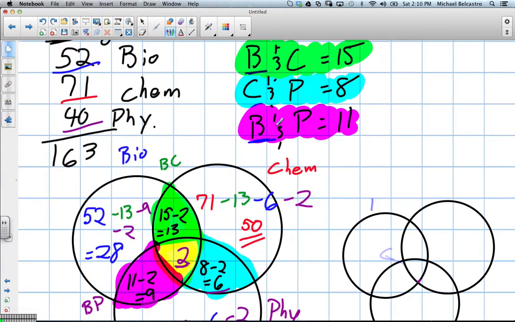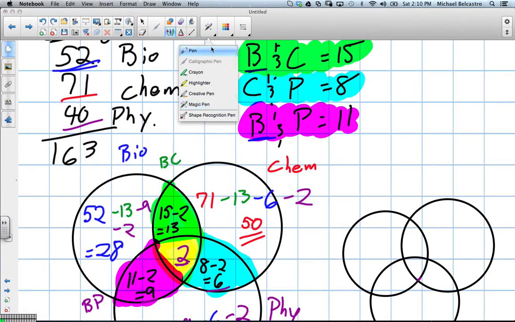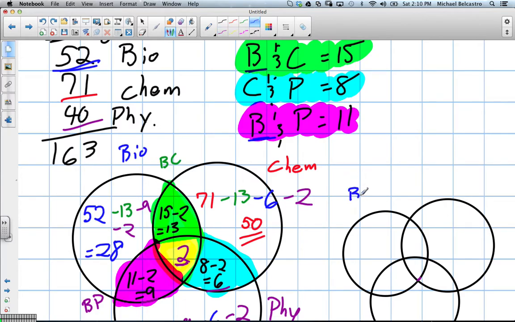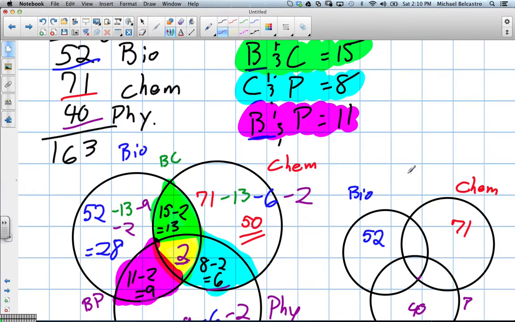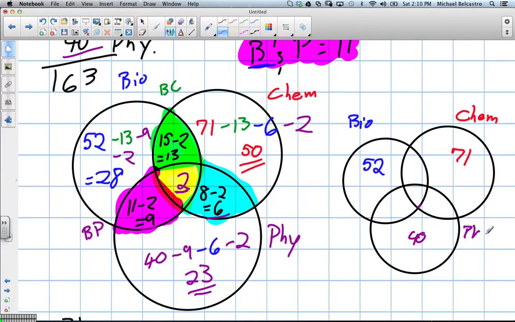So the values they're using are bio is 52, our chem course is 71, and our physics course is 40. But that's total number of people taking the course, not including people who have doubled and tripled up.